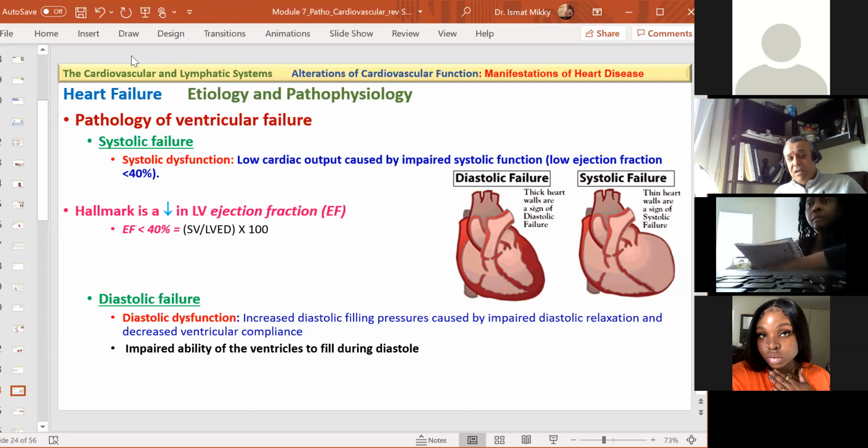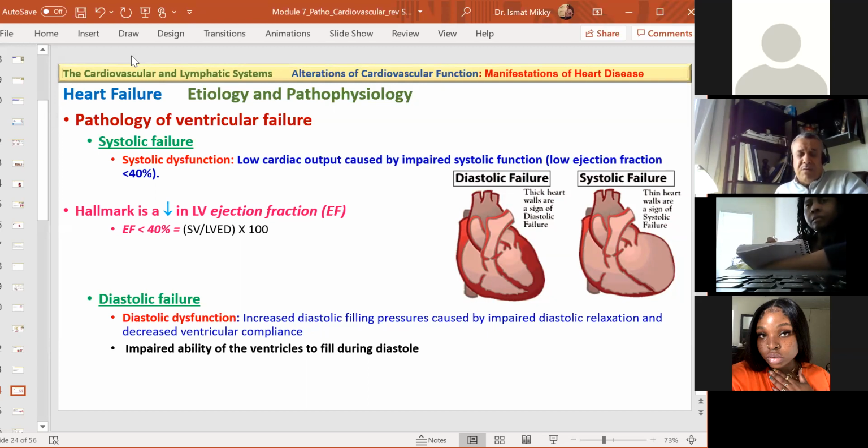Patients with diastolic failure tend to preserve the ejection fraction over 40. It will be between 40 to 50, but it doesn't significantly affect the ejection fraction like systolic failure.